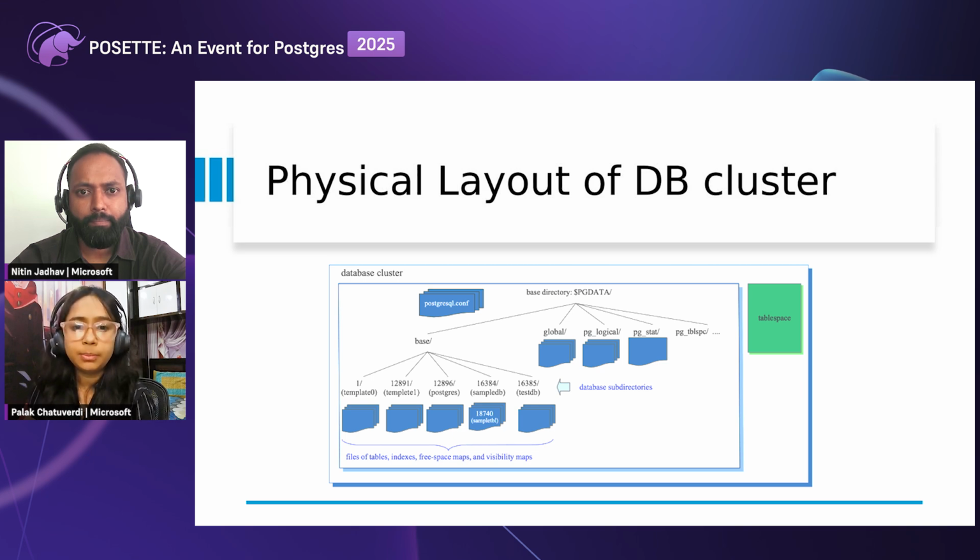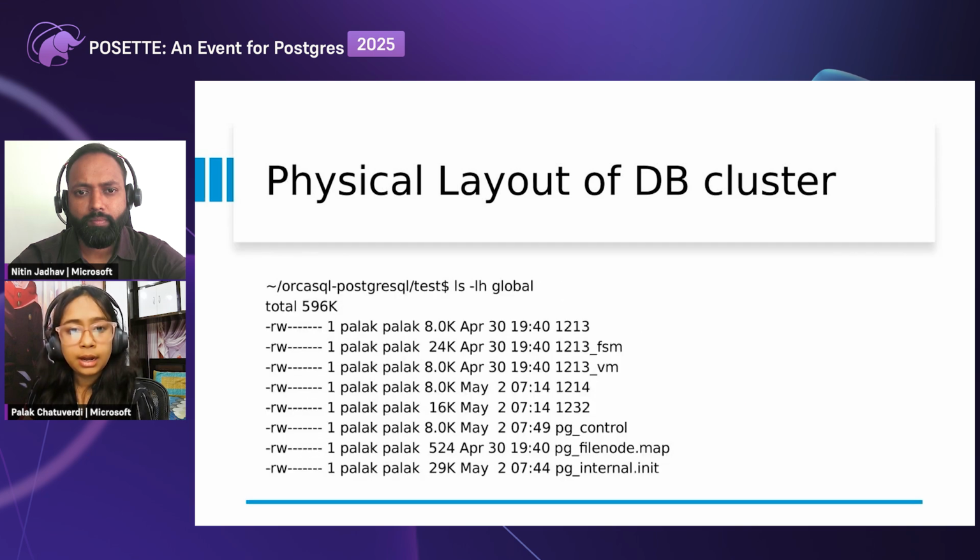Similarly, the visibility map tells us whether a transaction can view a block, so the visibility map bits are set true or false for those. And now we have the global folder. The global folder is common to our entire cluster. It contains some control files, the file node map, and internal files, also some system catalogs.